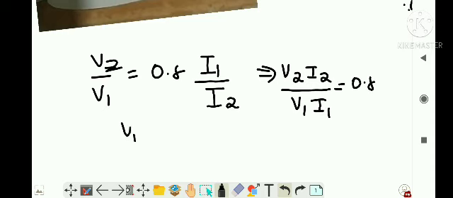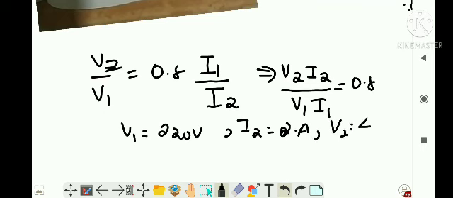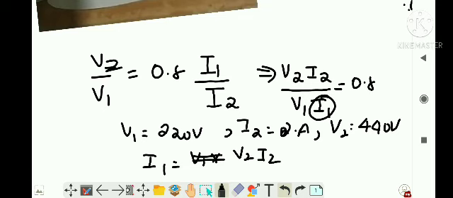So you are given V1 as how much? 220 volt primary, and I2 has been given as 2 ampere, right, and V2 is given as 440 volt, right? Then I can find I1. How much? It's V2 I2 divided by V1 into 0.8, right?